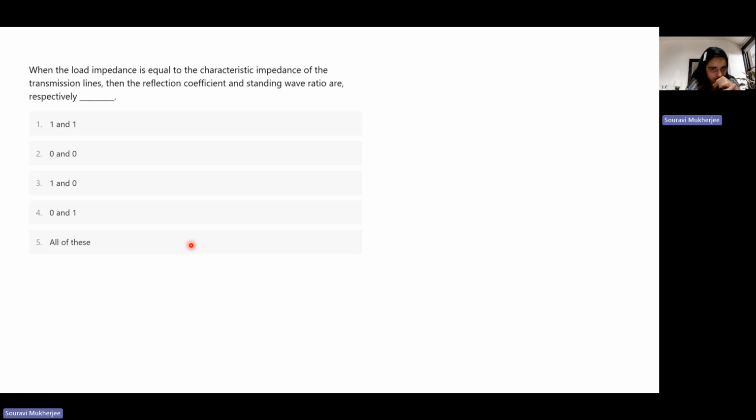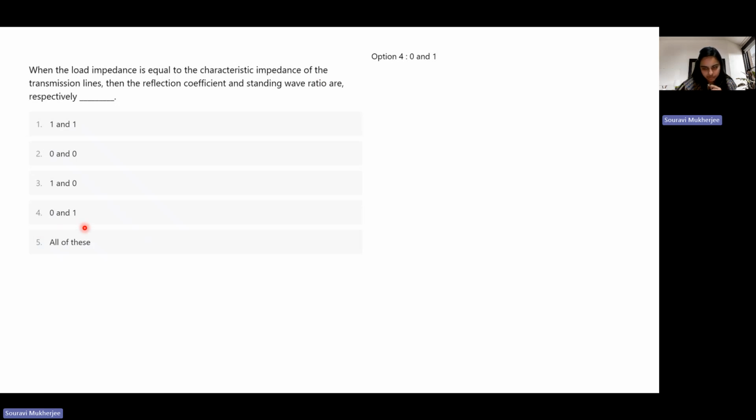And if the reflection coefficient is 0, the standing wave ratio is 1, right? So whenever the load impedance and the characteristic impedance match, that corresponds to an SWR of 1, and reflection is 0.